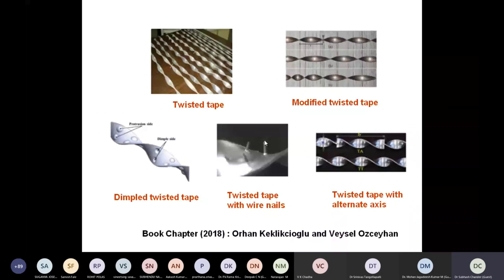And we can provide some dimples. Many researchers innovate and have developed better heat transfer by providing some roughness devices.